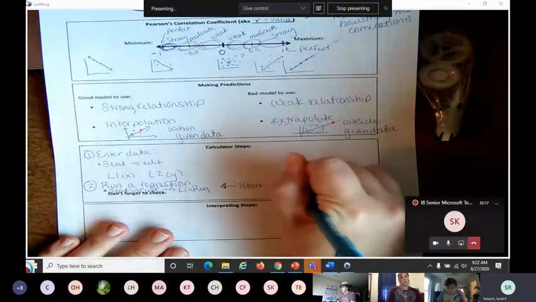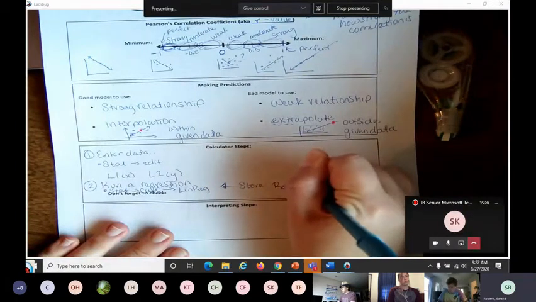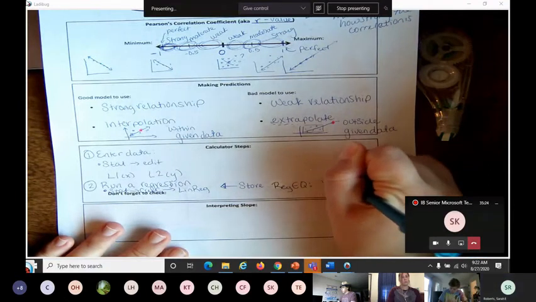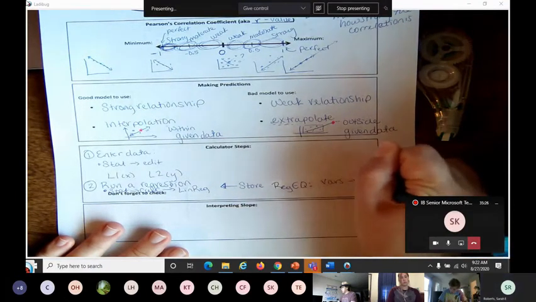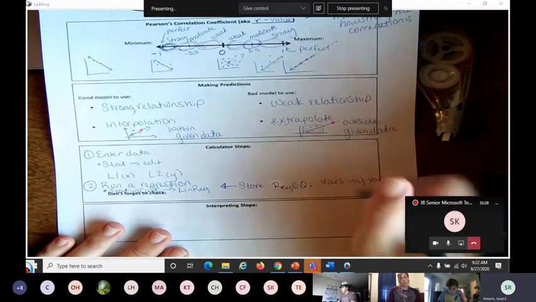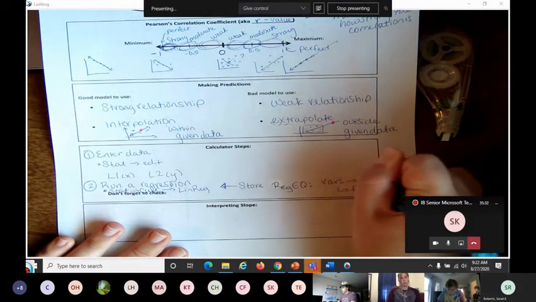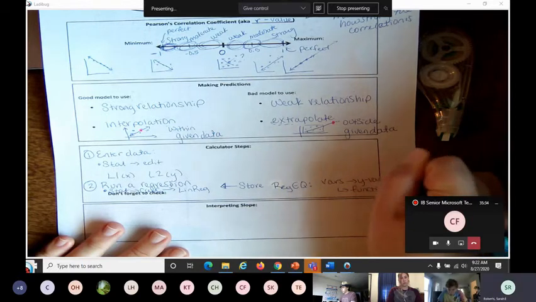Reg EQ. So you can like store this equation.